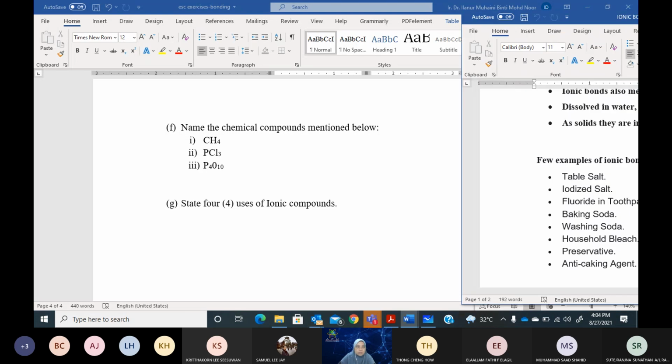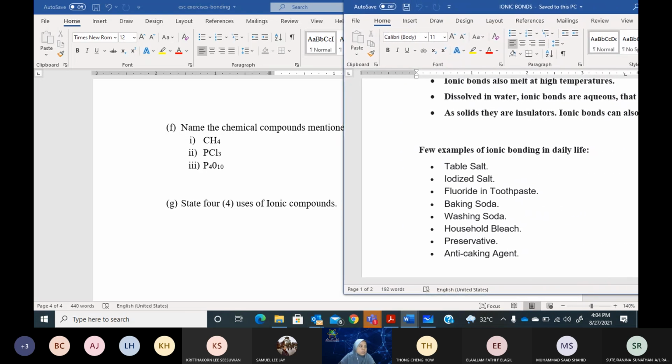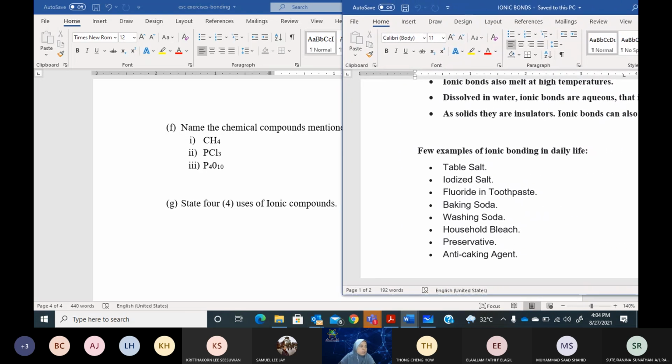Electrolysis. Yes. So these are the few examples of ionic compounds used in daily life. Here don't mention daily or what, so can use these answers: table salt, iodized salt, fluoride in toothpaste, baking soda, washing soda, household bleach, preservative and anti-caking agent.